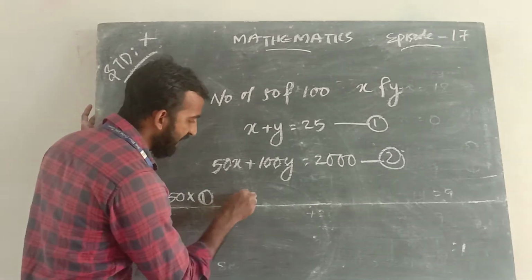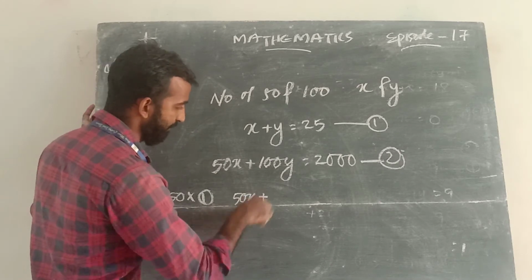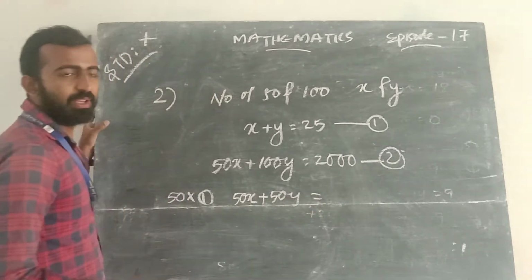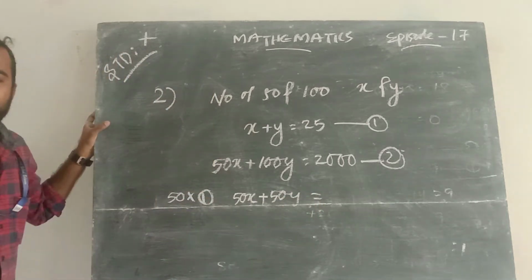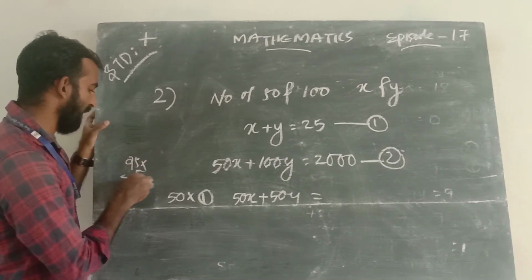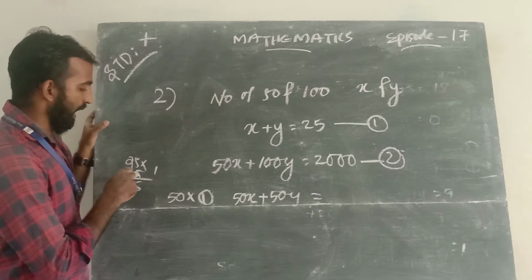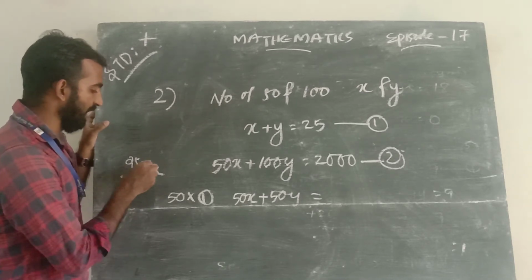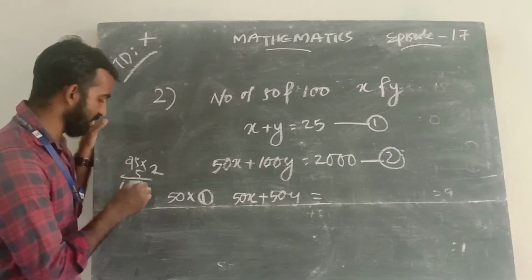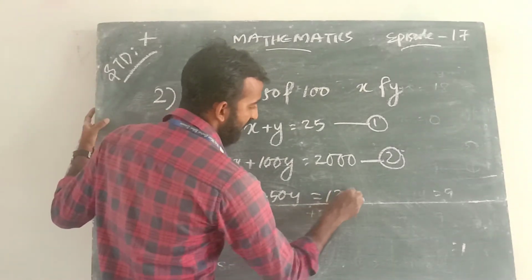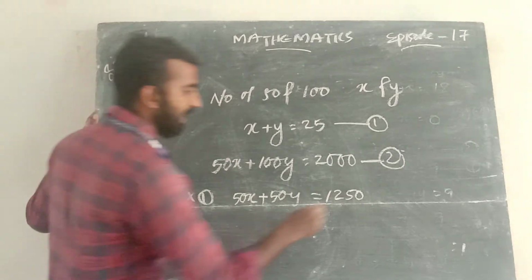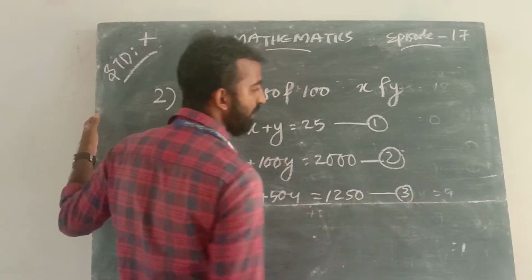We get 50x plus 50y equal to 25 into 50, that is 1250. This is our equation number 3.